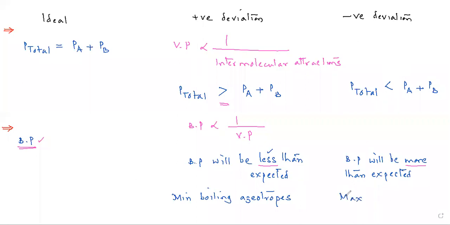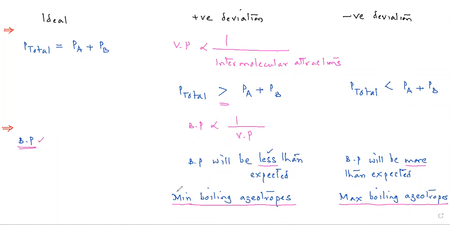These are said to be the maximum boiling azeotropes. What does that indicate? Minimum boiling, maximum boiling.